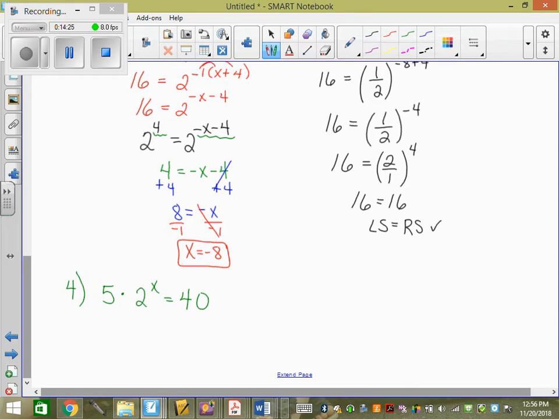Can I put the 5 times the 2? The only way you can put bases together with exponents is if they're the same. Like if I had 3 to the x times 3 to the 2, I could put that together as 3 to the what? When I have 2 bases and 2 exponents, do I add them or multiply?